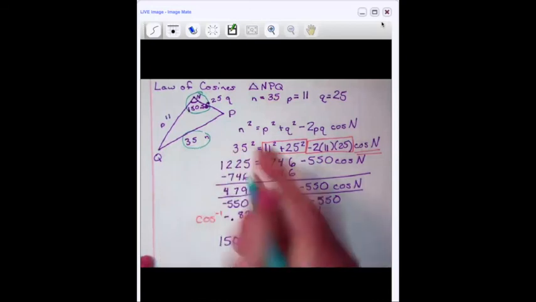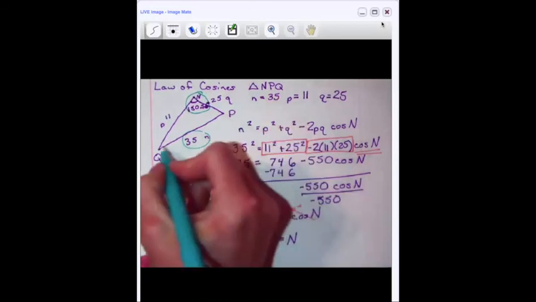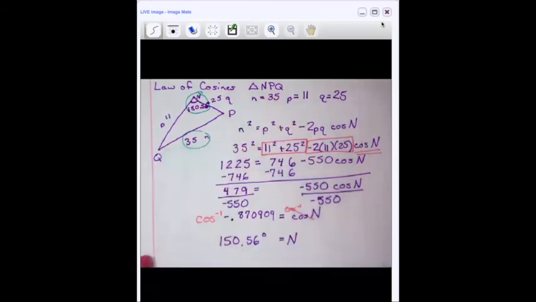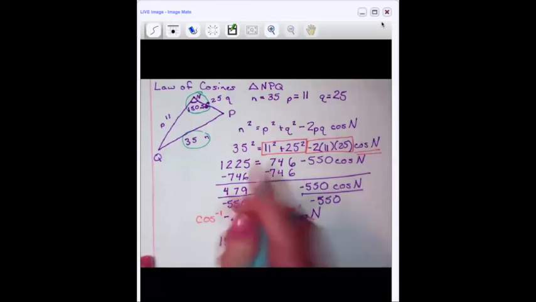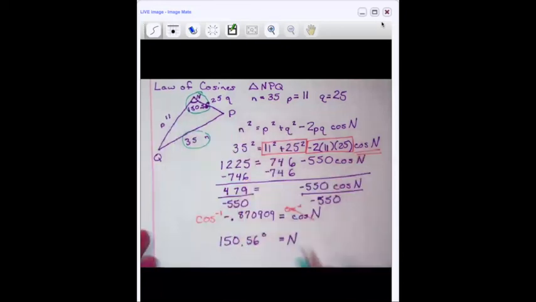And then we can find either angle P or angle Q from that. I'm going to choose P just because it has a smaller value. I don't know, it looks convenient to do.